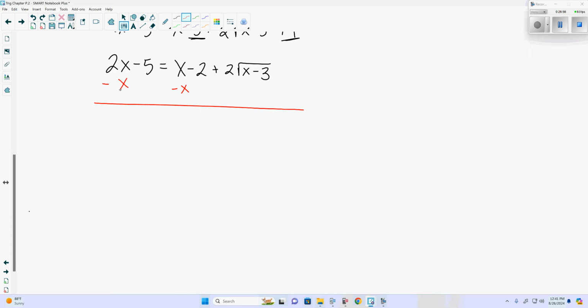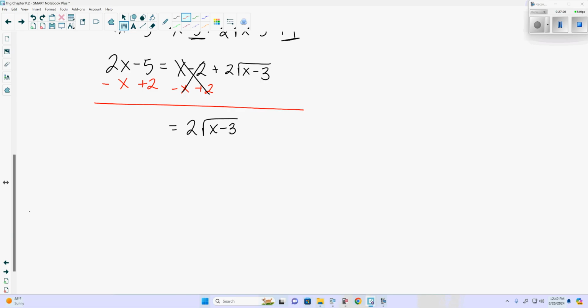So I can subtract x from both sides. I can add 2 to both sides. The 2 in front of the radical we're going to leave alone for now, because right now we're doing addition and subtraction. To move the 2 from in front of the radical, we would not add or subtract it, we would what? Divide. Let's keep them separate. So both of these are going to become 0, leaving us with 2 square root of x minus 3.